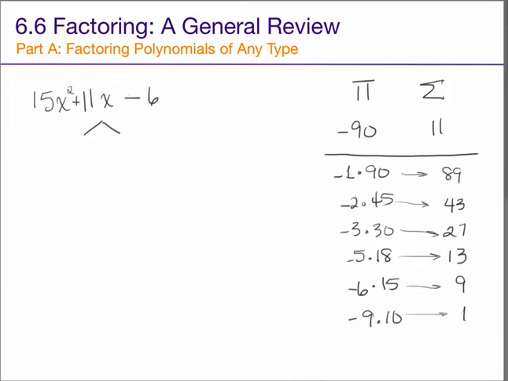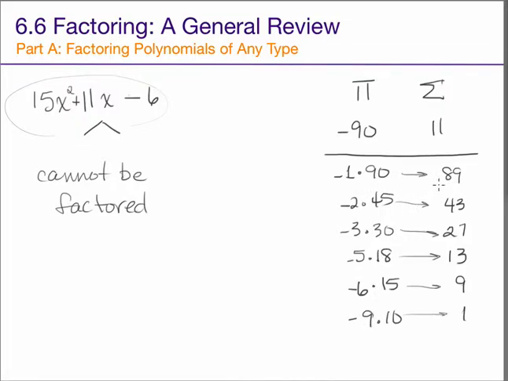All that tells me is that this polynomial cannot be factored, and that's my answer. We haven't run into one like that before. You start it the same way. Look for a greatest common factor. Find your product and your sum. Make a list of products.